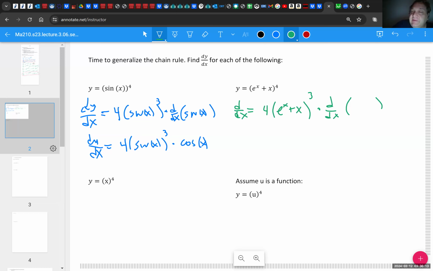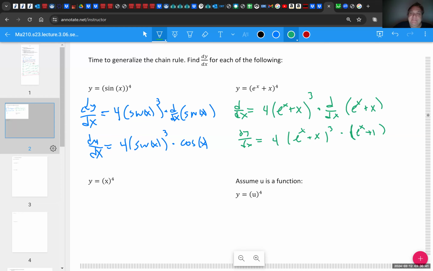And so I'm going to multiply by the derivative of e to the x plus x to get the correct result. We get 4 times our e to the x plus x inside function cubed, and the derivative of e to the x plus x is e to the x plus 1. Remember your parentheses there. I'm not going to distribute anything. I'm just going to leave it like that. All right, so there's a couple examples of thing to the fourth.